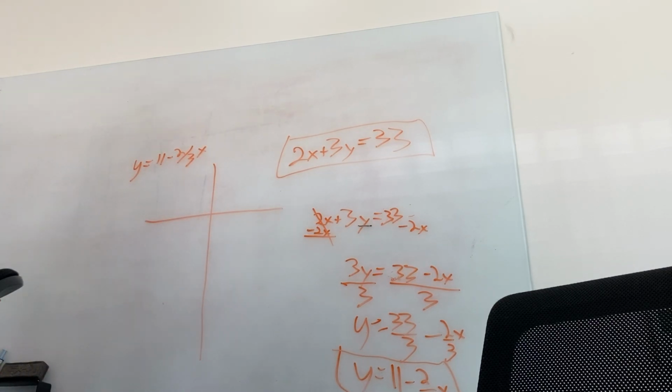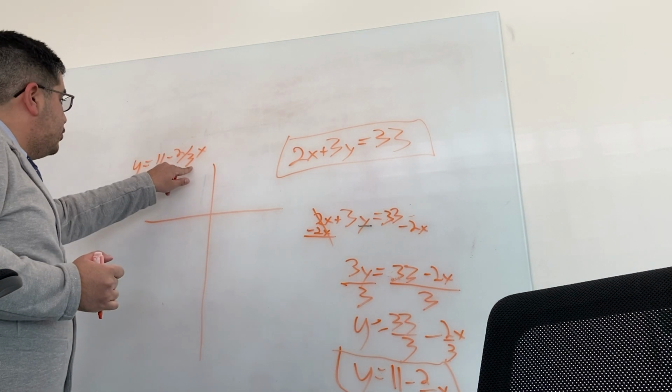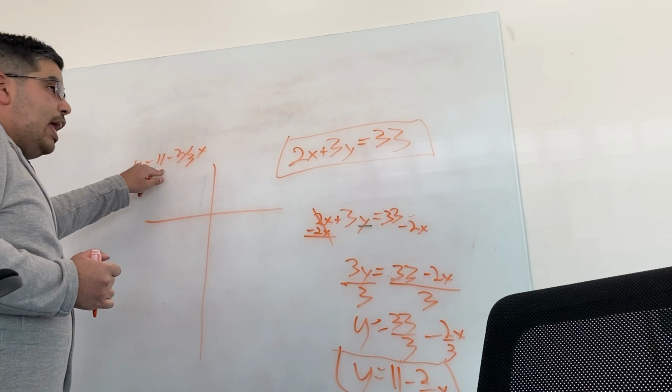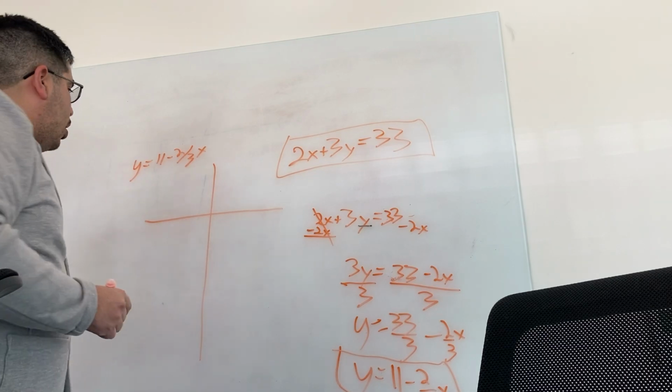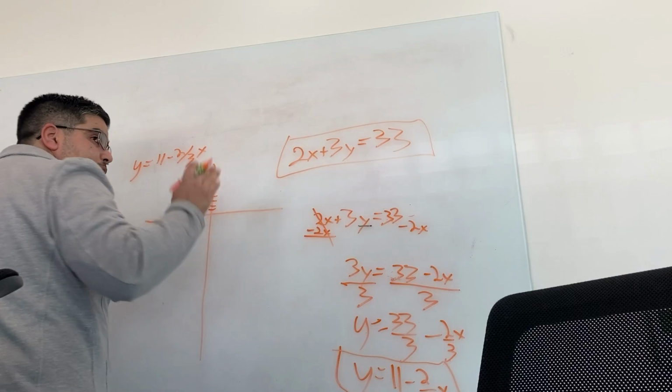All right. So which term has the x with it? Yeah, the negative 2 over 3 has the x with it, which means the 11 is the y-intercept. So we have to go up 11. Let's count by 2s.